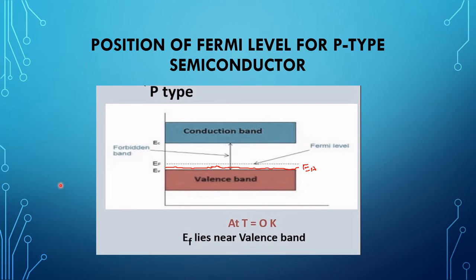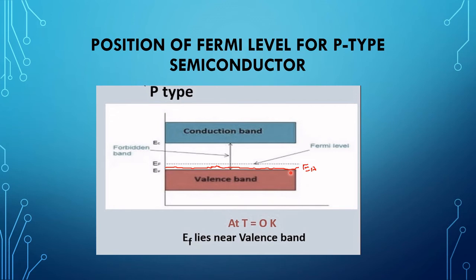And what is the Fermi level? Fermi level means the highest occupied energy level. As the Fermi level is the energy for which the probability of occupancy is half, EF must move closer to the valence band for a p-type semiconductor.